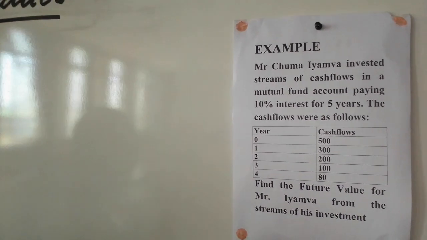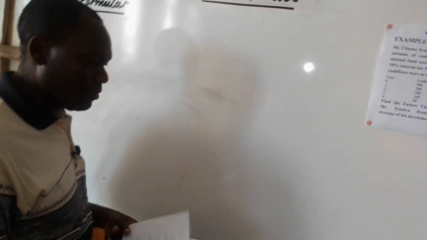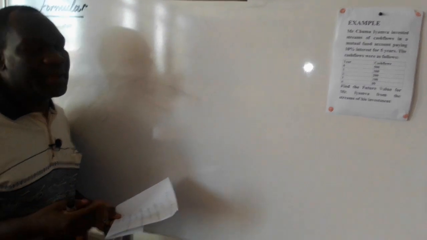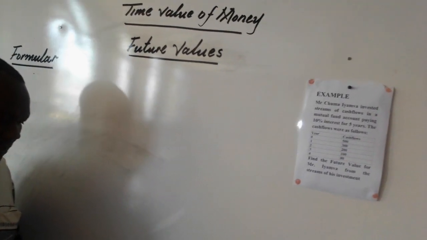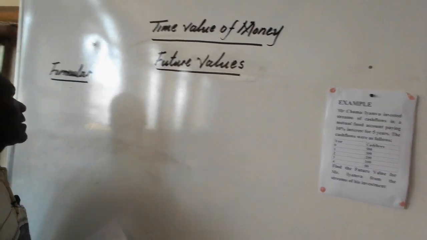Okay. Now, let us see how we are going to solve this one. The first thing that you must know is that the formula will change. It will not be like the way it was earlier on. So the formula for future value in this case will be like this.